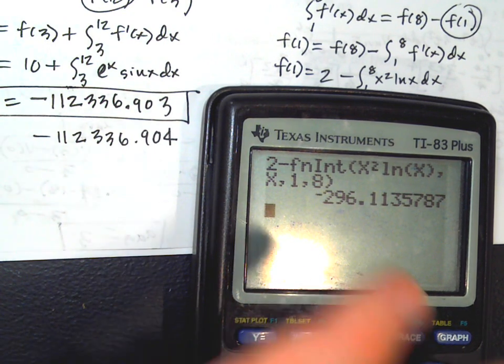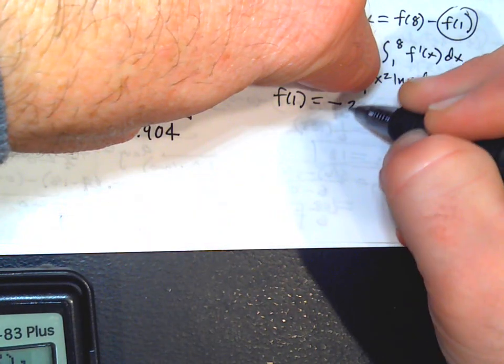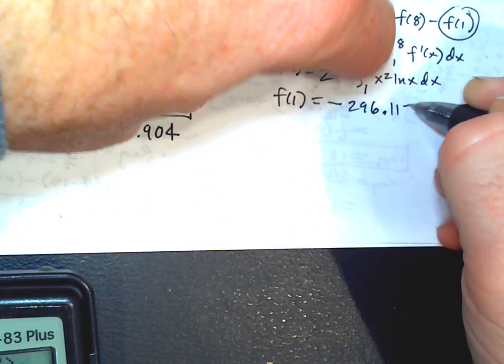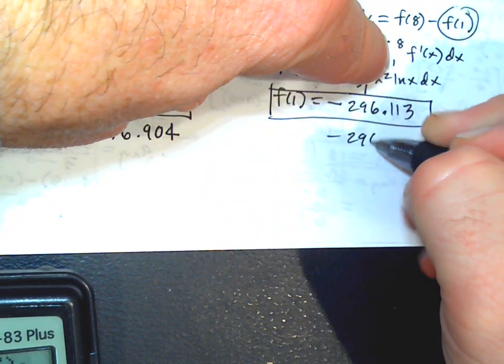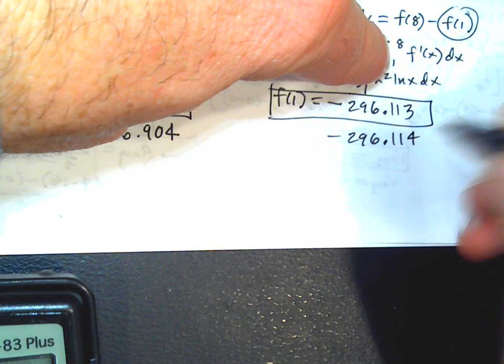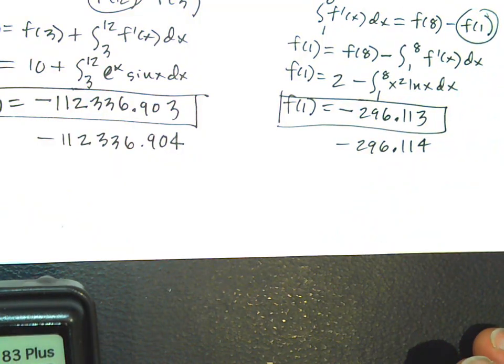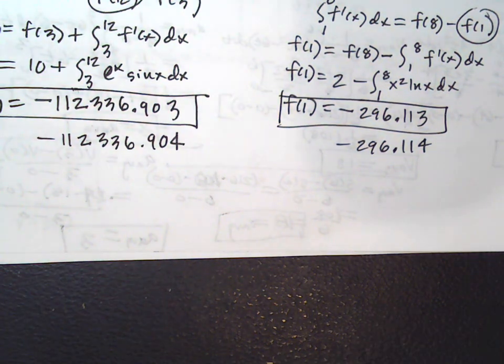Done. So negative 296.113 truncated. Or if you really like doing extra work and the possibility of messing up, you could round. And that would be the right answer if you round. That's it. That's it for this assignment.